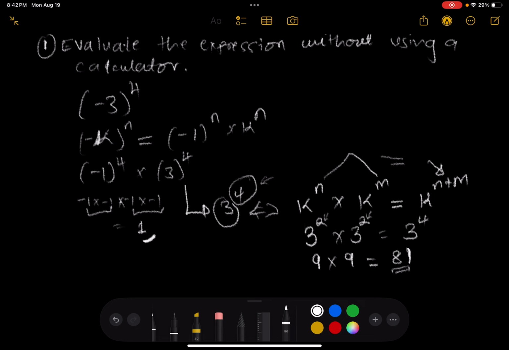So these two numbers have the same base, k and k, but they have different powers. When you multiply them together, you keep the same base and just add up the powers, and that is going to give you your final answer. So we found ours out here to be 81.